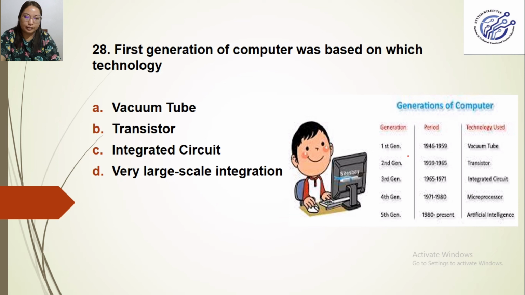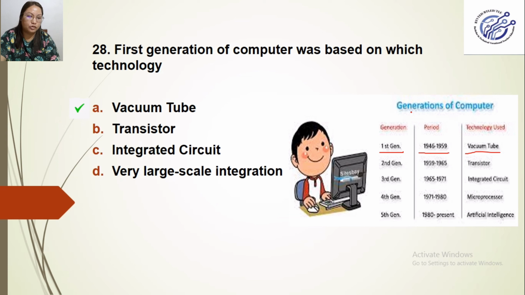Yung tinatanong po dito is yung ating first generation na computer. Siya po ay from the period of 1946 to 1949 at yung technology na ginagamit po niya dito is vacuum tube. So, meron po tayong sagot sa number 28, letter A po, vacuum tube.